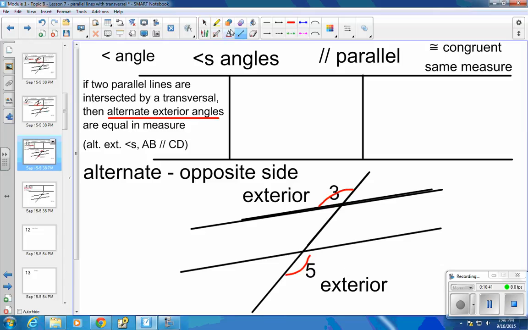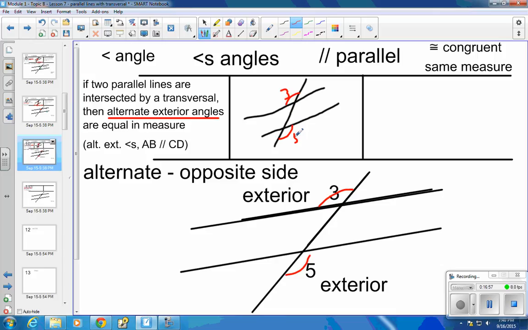So in the box, what we should write. So we've got our parallel lines. We have our transversal. We know that this one is going to be alternate exterior to that one. So this is 3, and this is 5. And we know that angle 3 has the same measure as angle 5. Congruent, has the same measure.